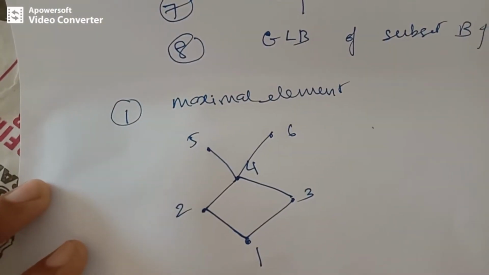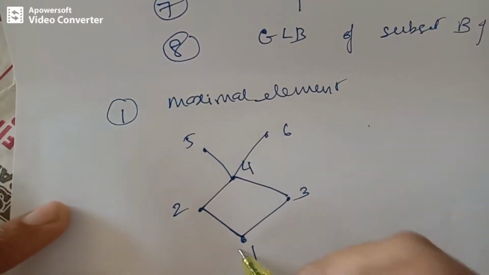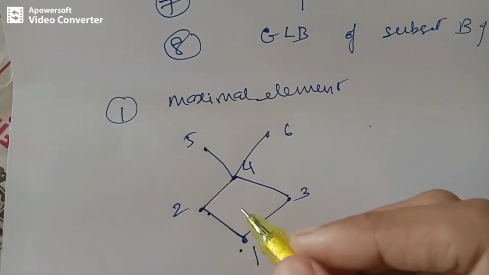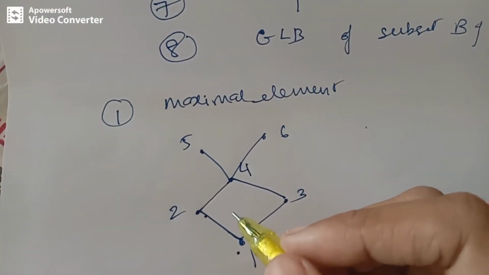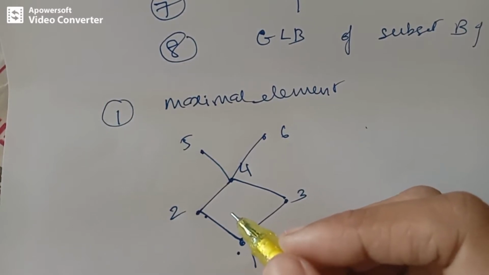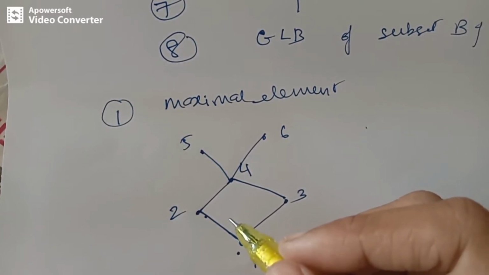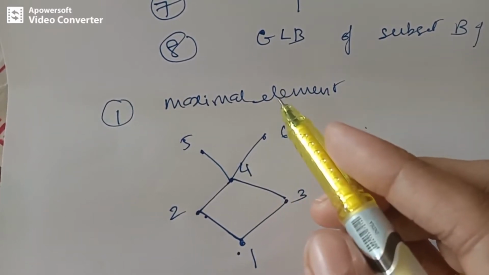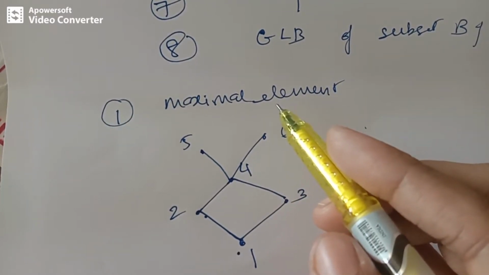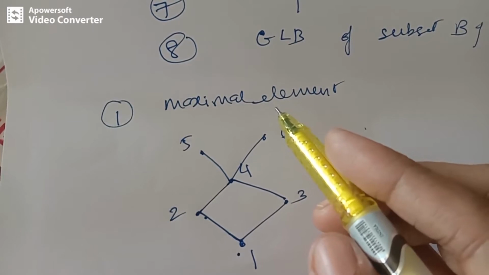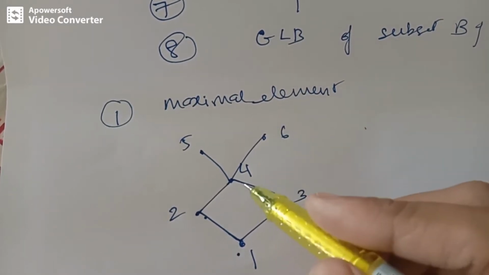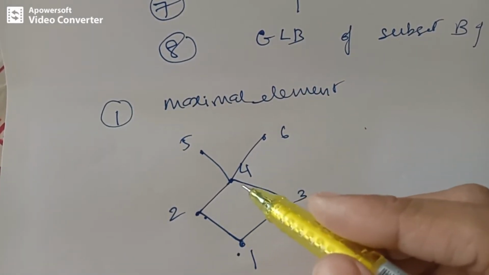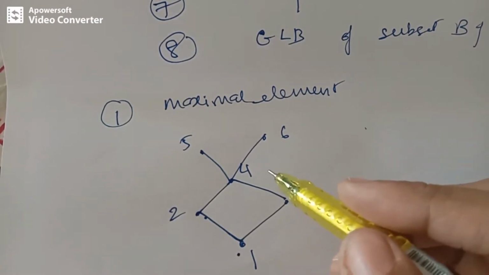In this Hasse diagram, you find that 1 is related to 2. Here the relationship comes in an upward fashion, that is, you are going to consider the edges which are related upwards. So 1 is related to 2, 2 is related to 4, it means that 1 is related to 4, like that.